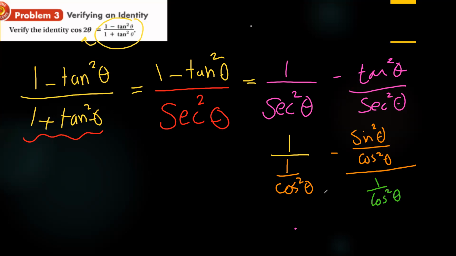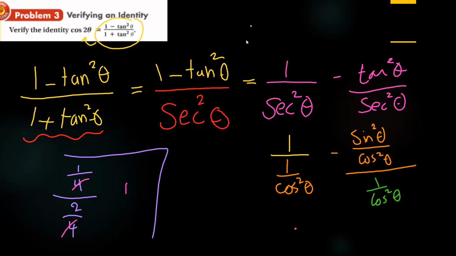Then, all of us know that if we have 1 over 4 and 2 over 4, both of the denominators can be simplified, so we can write it as 1 over 2. Here it is the same. I can cancel cosine with cosine in order to have sine squared over 1.